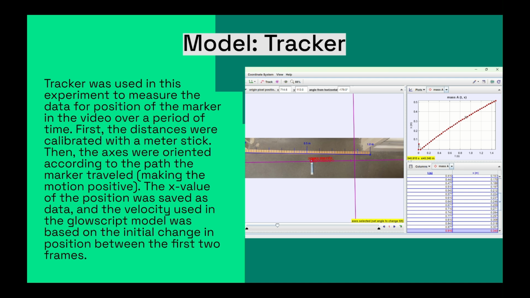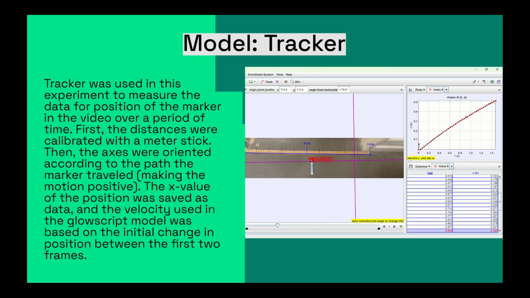And then there's a track function that you can use to model the points in which they are at each frame. And this marker rolls along the x-axis in a positive direction so that it can have a positive motion in the data.